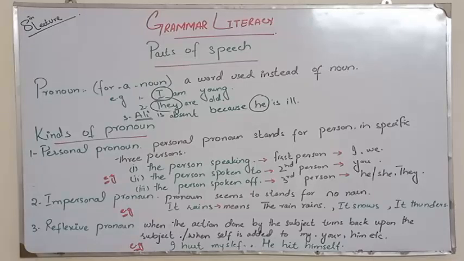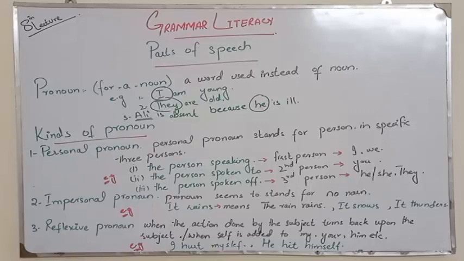And it could be he, she, or they. These are personal pronouns: I and we and you and he, she, and they. These specific words are called the personal pronouns. Viewers, are you clear about the personal pronoun? Once again, personal pronouns stand for persons.